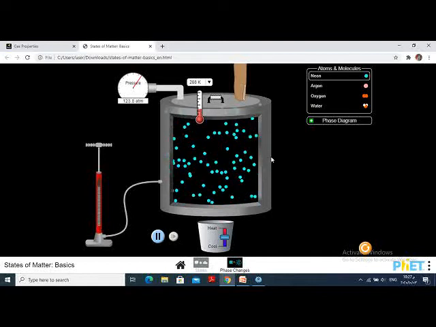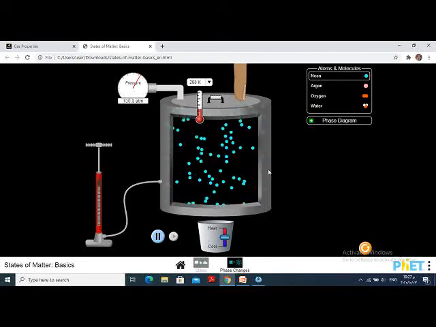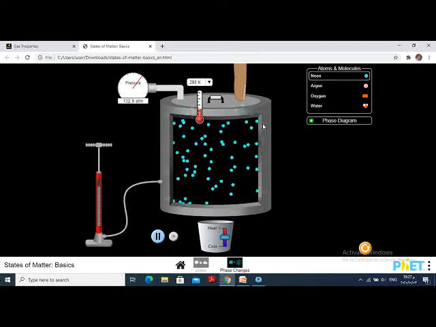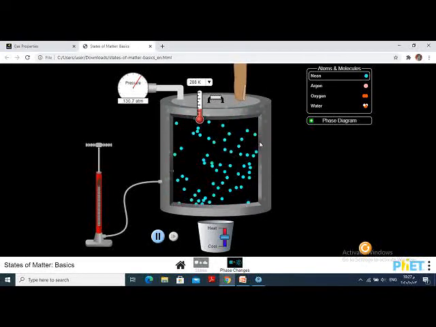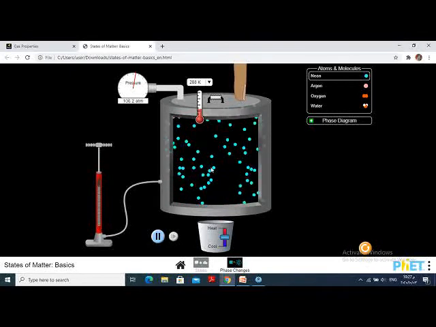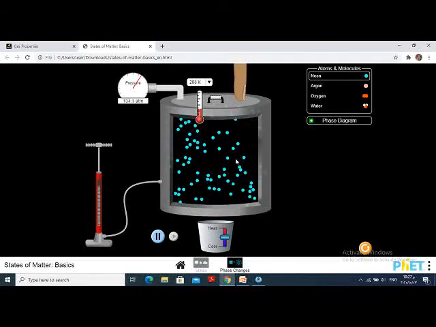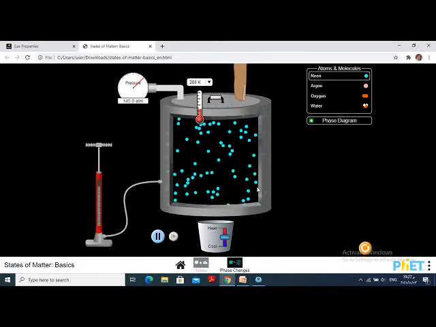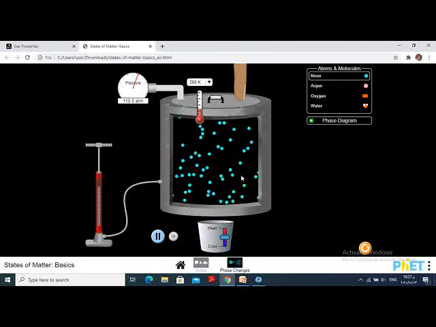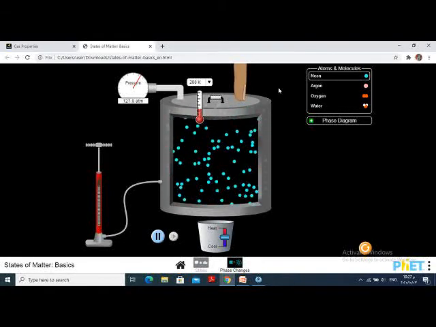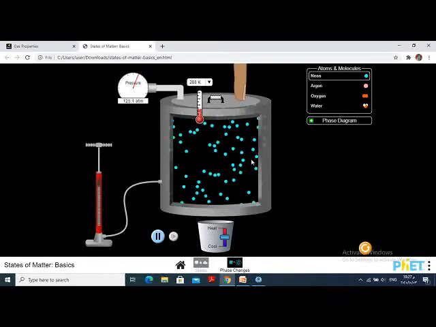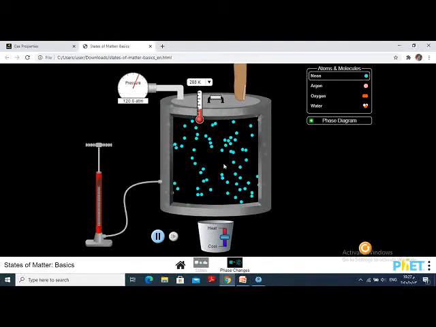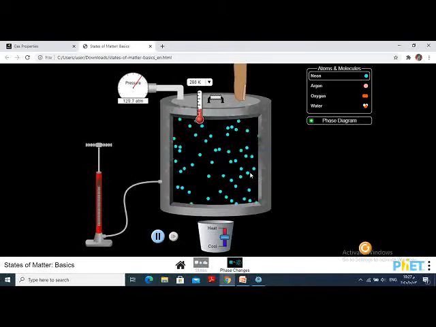Can you see how the particles collide with all this area here? All this area is collided by the particles inside this container.